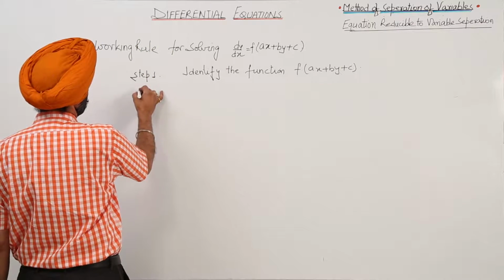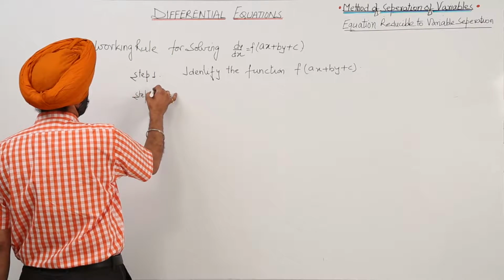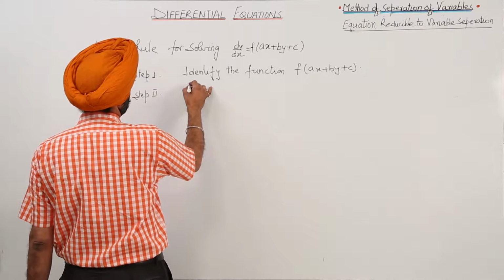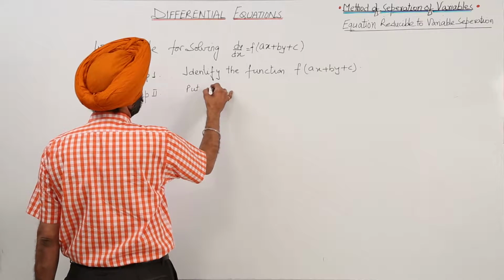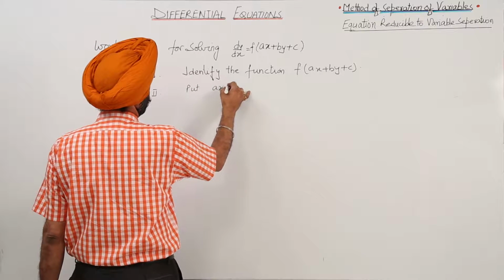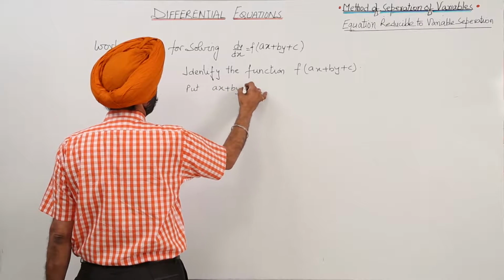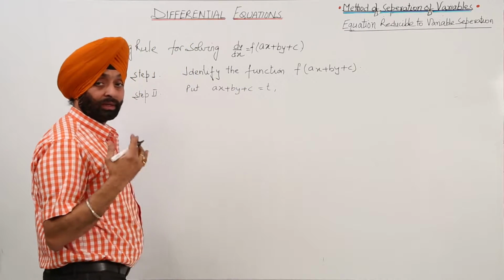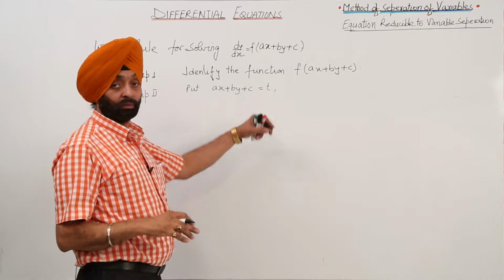Step 2, put ax plus by plus c is equal to t, or you can take any of the variable here, t, z, whatever you wish.